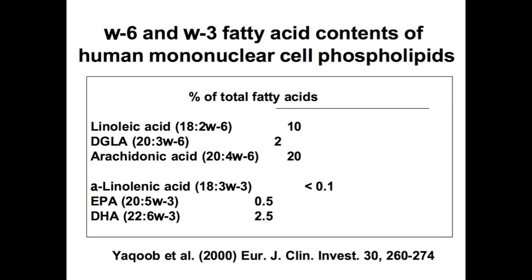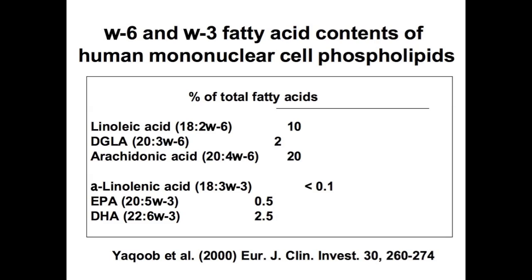Okay. Now if we look at the omega-3 fatty acid content of our cells, this is the sort of picture we get. So there's not very much of the common plant omega-3 fatty acid, alpha-linolenic acid. Usually you can hardly measure that in cell membranes. EPA, eicosapentaenoic acid, let's say about 0.5%. DHA, 2 or 3%.